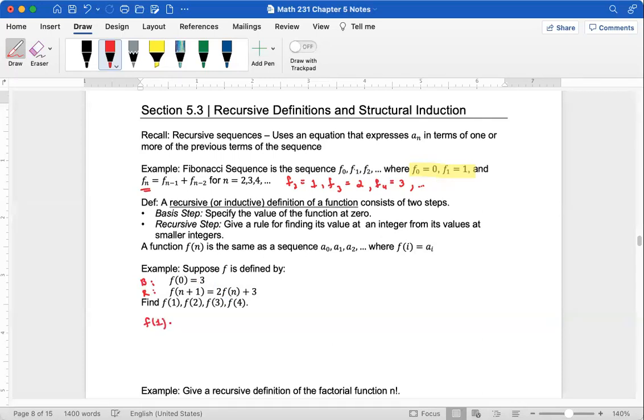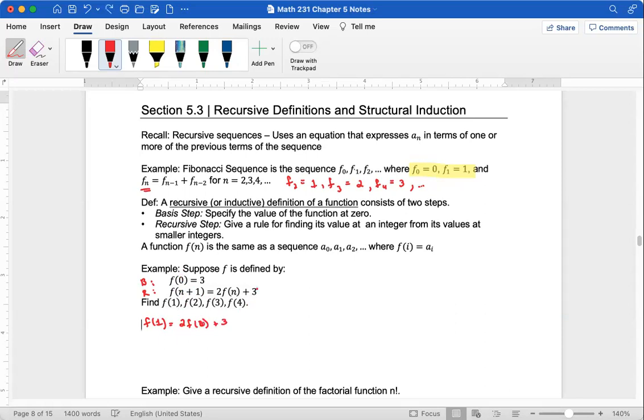So 1 is what we're plugging in for n plus 1, so n in this case is 0, because the previous term for f of 1 was f of 0. Our starting term was f of 0. So we're going to be finding 2 times f of 0, the previous term, plus 3.